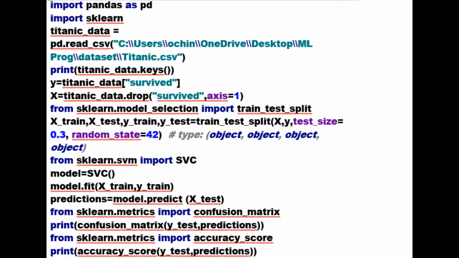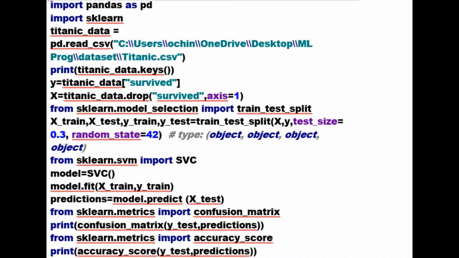Dot drop is a function which will drop this particular survived column. Hence all other columns will be contained in the x variable. Now we can predict the value of the y variable based on the x variable conditions.